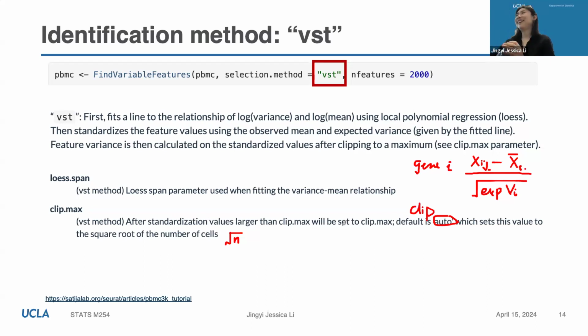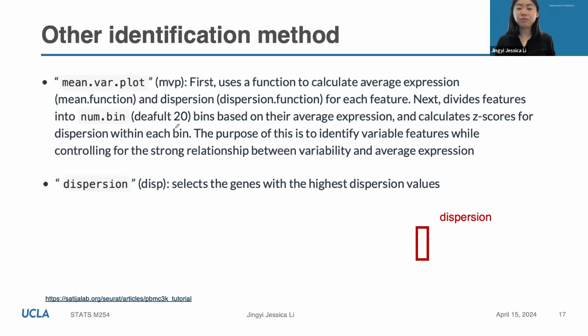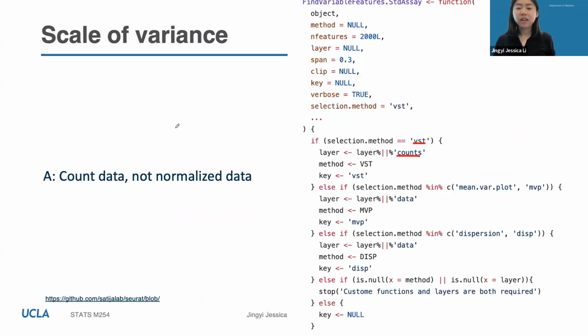I think that counts. At least when they fit this relationship, it is the true counts. And it didn't say whether the standardized feature values are on the log scale. I don't think so, but we have to go into the details to check. This is the VST method, right?